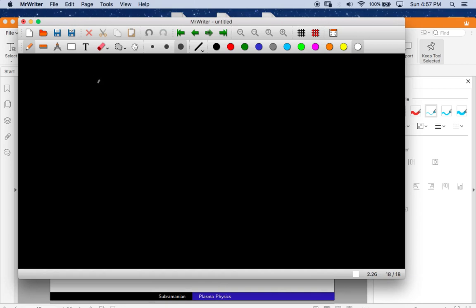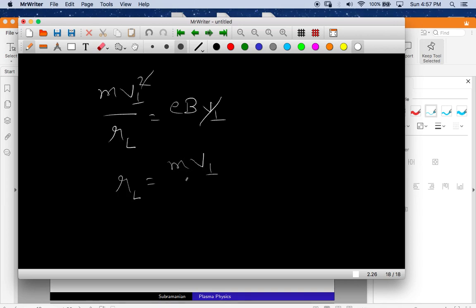You just say m v perpendicular squared over R_L is equal to e B v perpendicular. You strike off one of these, so the Larmor radius would simply be m v perpendicular over e B. So this would be the Larmor radius.